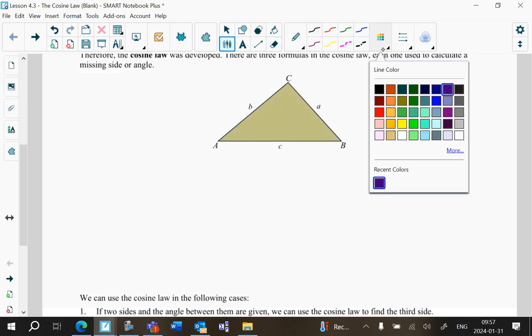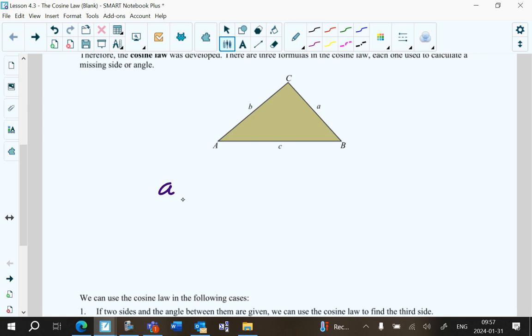If we take a side, so little a, and we square it, it's going to equal one of the other sides, little b squared, plus the third side, little c squared. So that's the Pythagoras part. Minus 2 times that other side, times the third side, times the cos of the angle opposite the side we're trying to find.